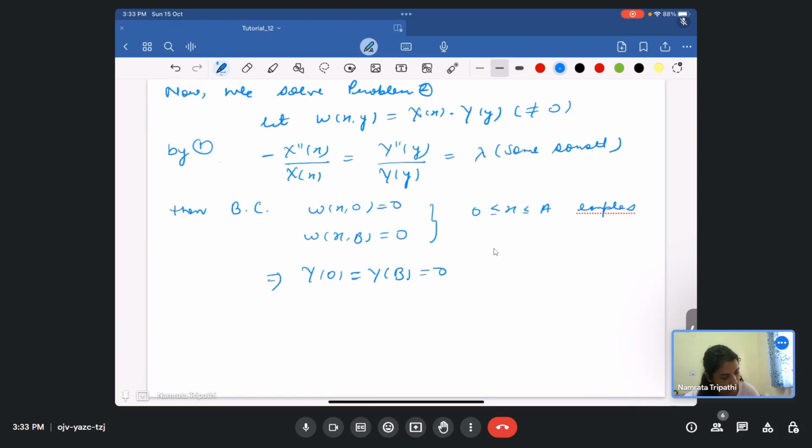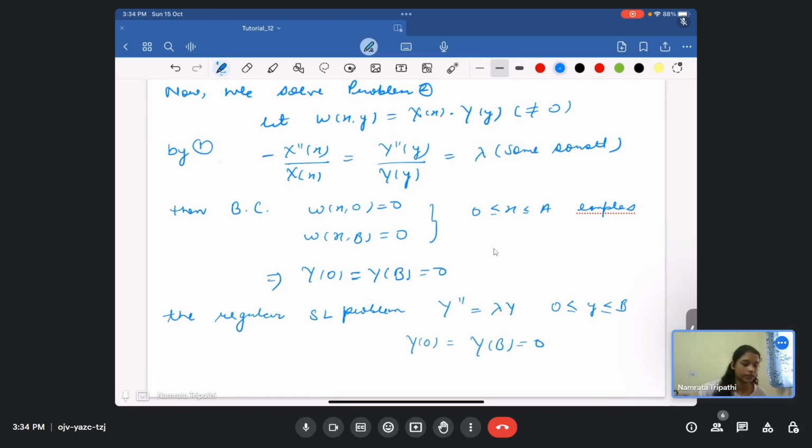Okay. So this is a regular SL problem. Y double dash is equals to lambda y with boundary condition. So again we have to solve for y and then we will solve for x so that we can find the solution for w.